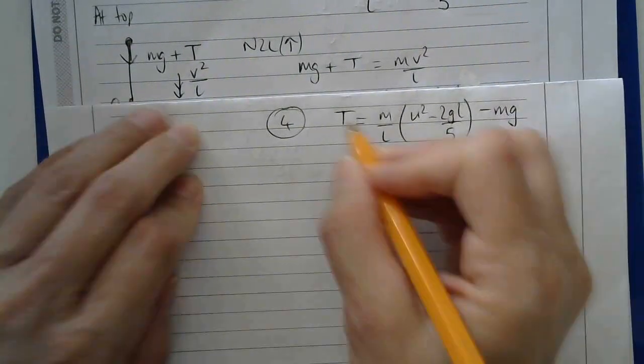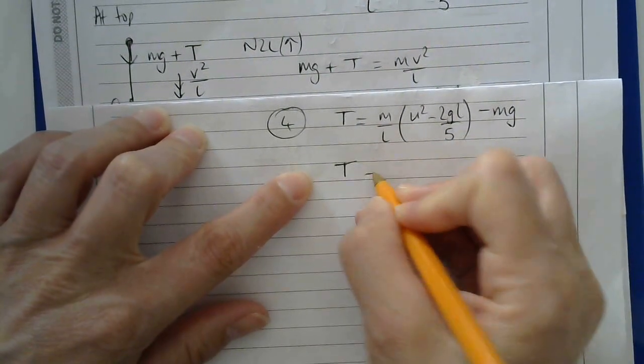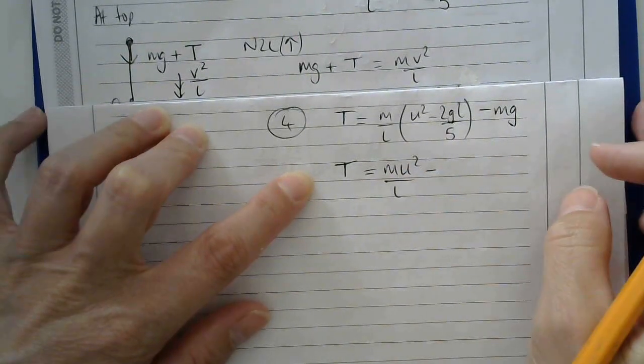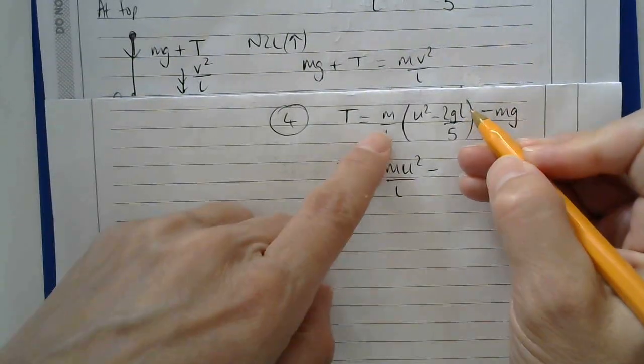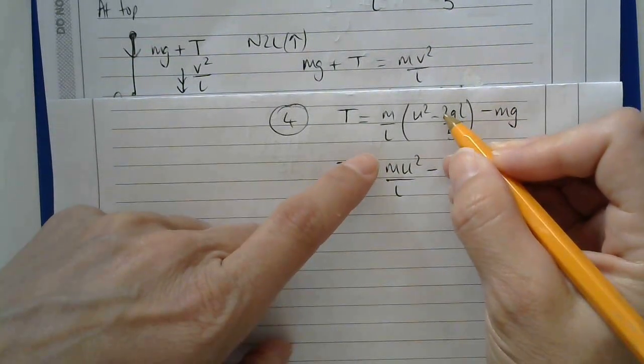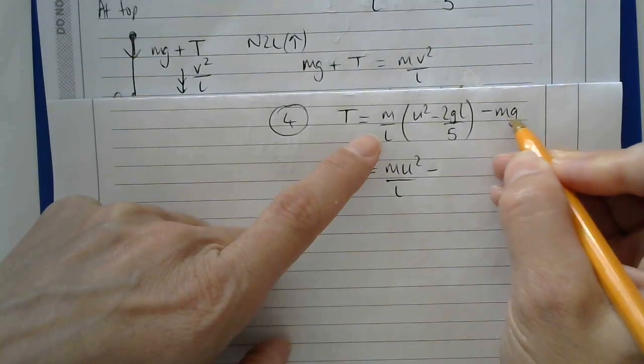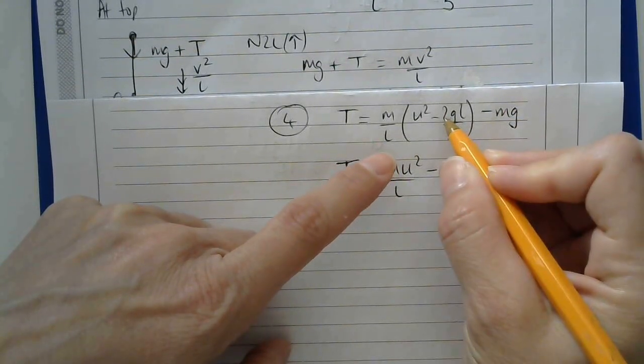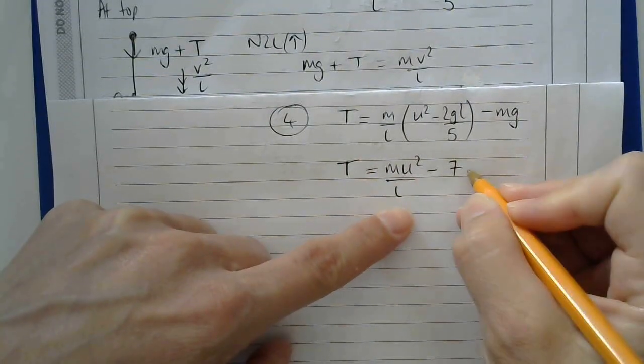Actually, I'll just tidy this up a little bit before we do that. So here I get mu squared over L minus, right, here the L's will cancel, so I'll get minus 2/5 mg minus mg. This is 5/5, so negative 5 subtract 2 is negative 7/5.